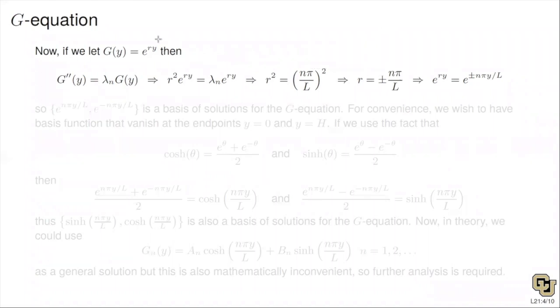So we found a basis of the solution. We could write the solution to the G equation as a linear combination of e to the n pi y over L and e to the minus n pi y over L, but we're not going to.